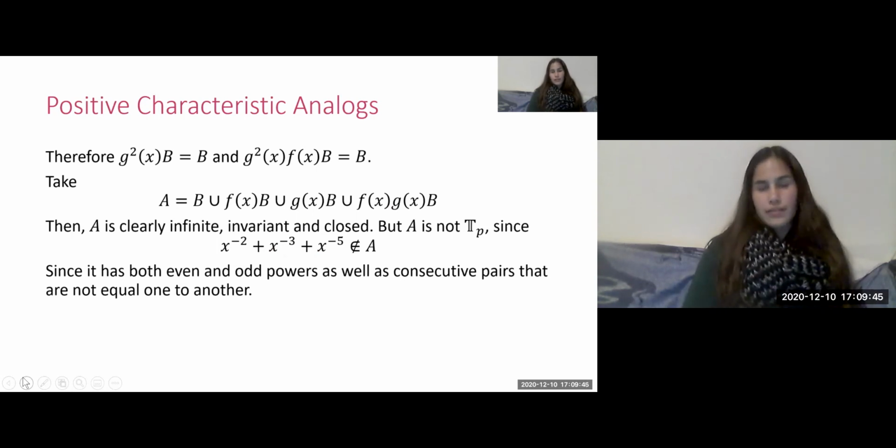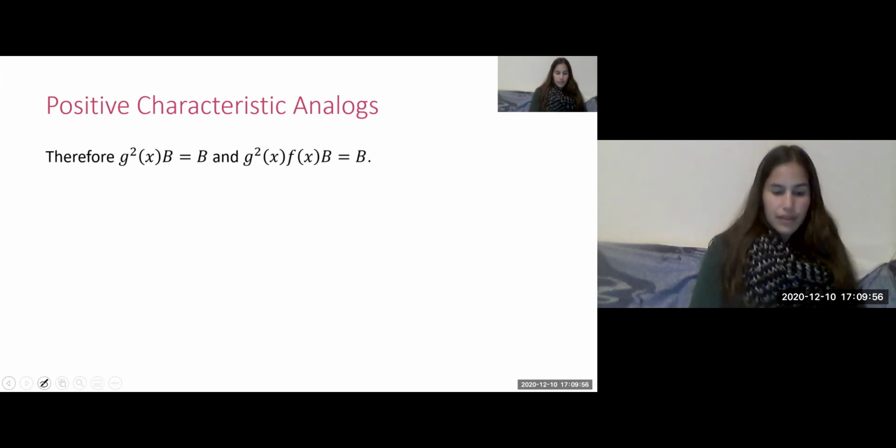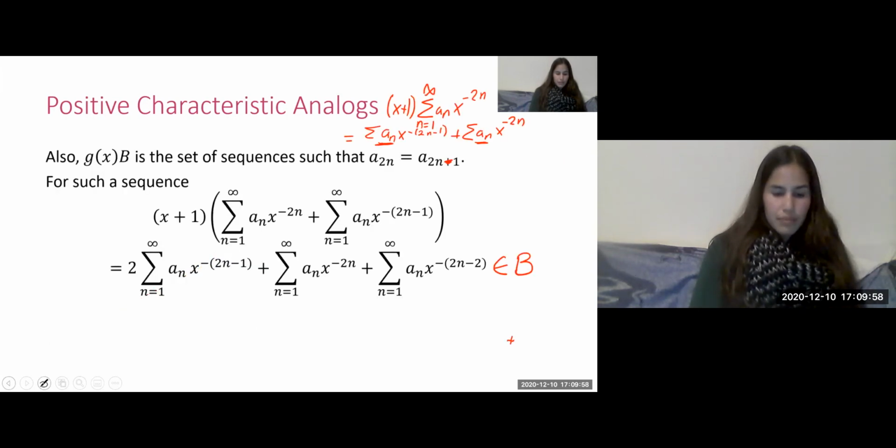Now, one can ask why did it work here, and why would it fail if I took this exact same example and tried it in zero characteristic? The very simple answer comes back here. In zero characteristic, this guy here would not be 0, and it would just be like shifting.